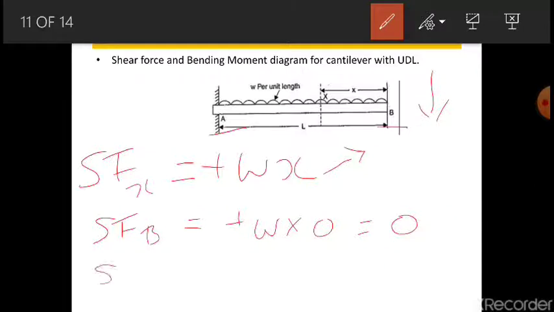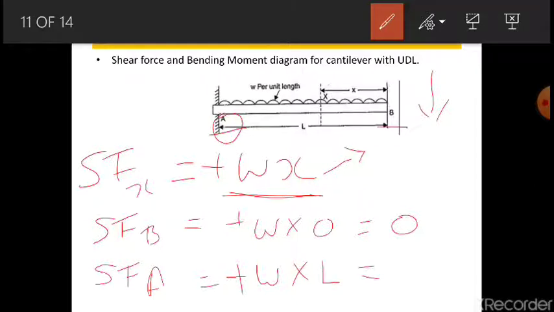Next is shear force at A. We want to calculate the shear force at A right now. Using the above formula, W into x, with the positive sign, W into what is the distance from the load to the A point? It is L, right? It is along the whole length of the beam.